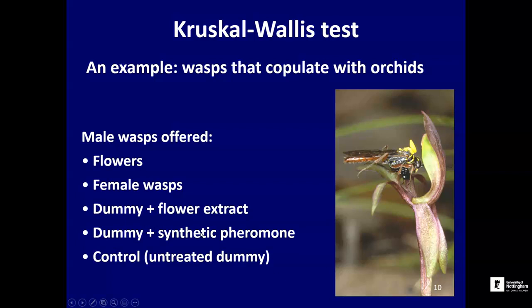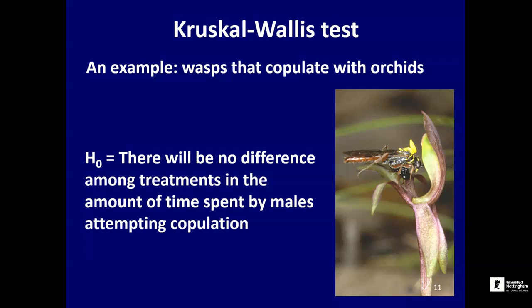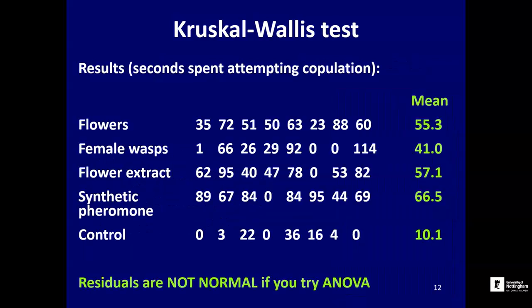And then the final treatment was having done some chemical analysis of the orchids, they had a hypothesis about which chemical it might be that was attractive, and so they looked at that particular chemical to see if that affected specifically the behaviour of the wasps, if the males were willing to mate with the piece of plasticine if it had this particular pheromone painted onto it. And the null hypothesis in the experiment was that there'd be no difference between these 5 different treatments in the amount of time spent trying to copulate with the flower by the male wasp.